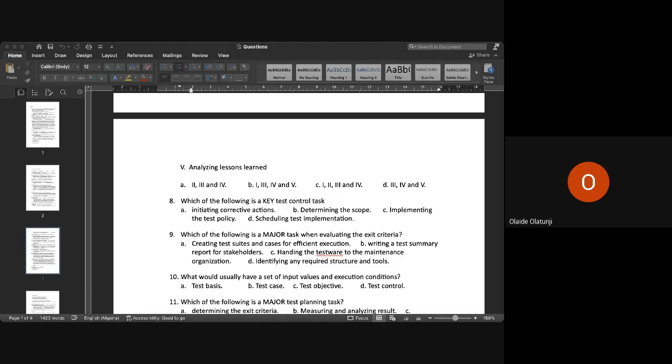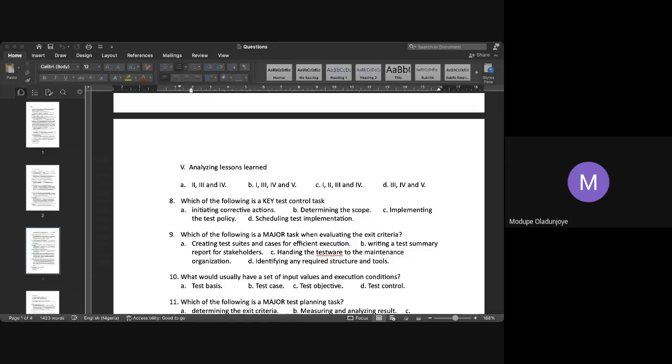It's a continuous process till test completion. So maybe every day or every 2 or 3 days in a week, you guys do a meeting to know, okay, where are we? What are the problems that we are facing? Now when you're saying let's do this to try and avoid that, that's the test control aspect.